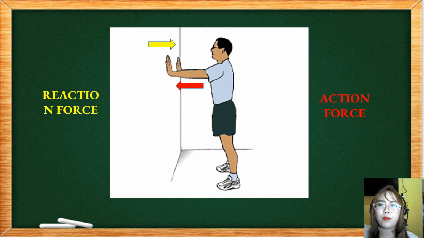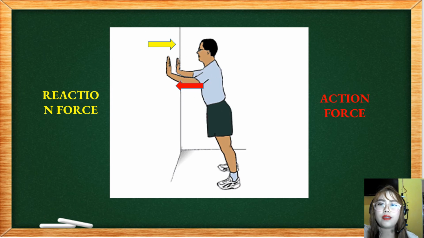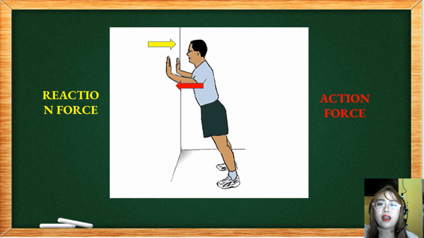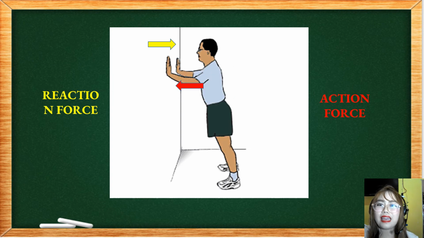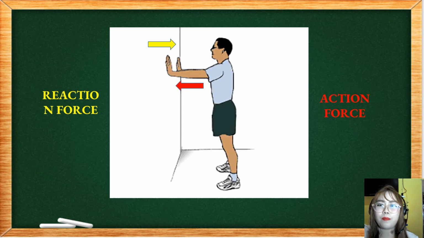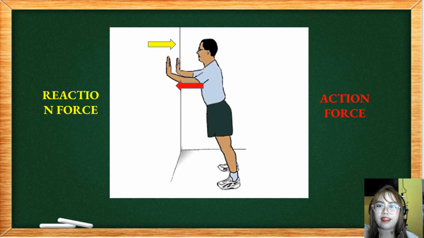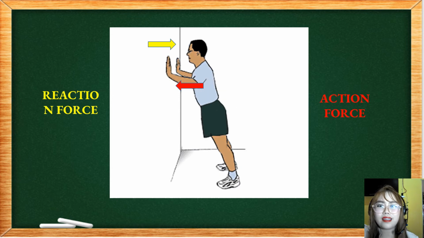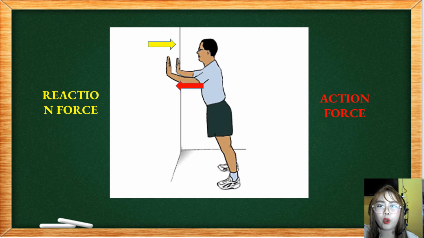Another example of this is a boy pushing a wall. When the boy pushes the wall, which is the action, the wall exerts an equal and opposite magnitude of force to the boy, which is the reaction. Now, think of other examples which could be applicable to the third law of motion.